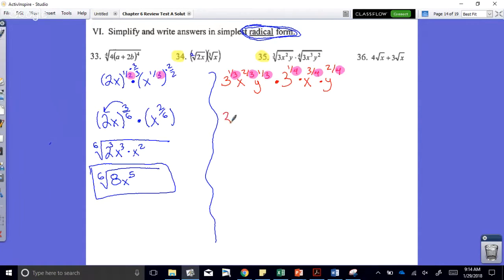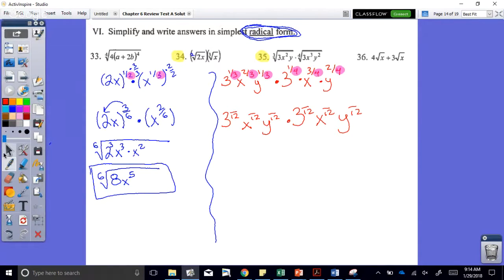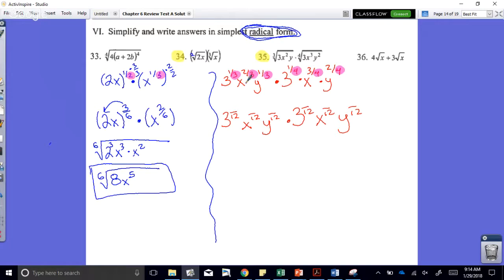So if we want to make these both match, we can turn them both into 12ths. So I'm going to write this as 3 to the something over 12, x to the something over 12, y to the something over 12, and again 3 to the something over 12, x to the something over 12, y to the something over 12.